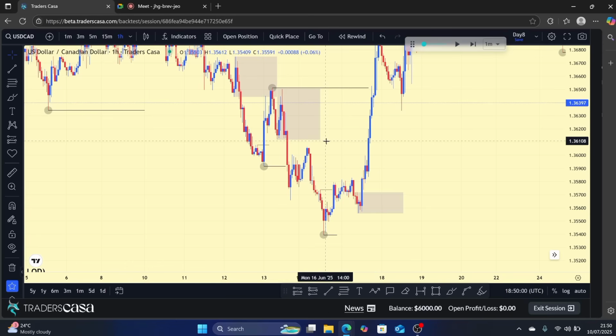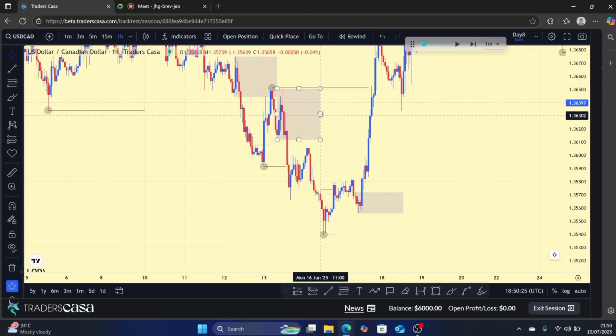So if the primary option fails, that's when we'll be using the secondary option in marking the engineering liquidity. But since the primary option is still there, then we'll be using the primary option in marking the engineering liquidity. So in this case, this is the extreme order flow. I don't see the decisional order flow because there is only one unmitigated order flow in the range, and this is the extreme POI.